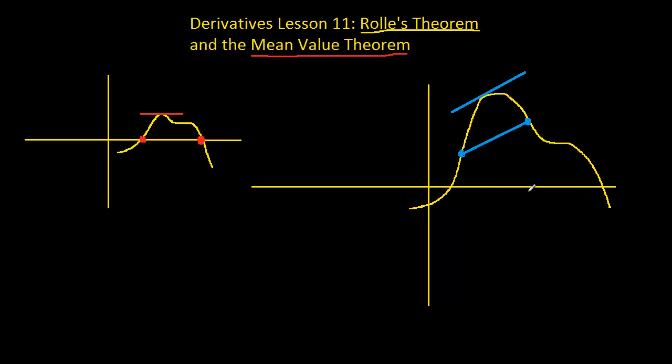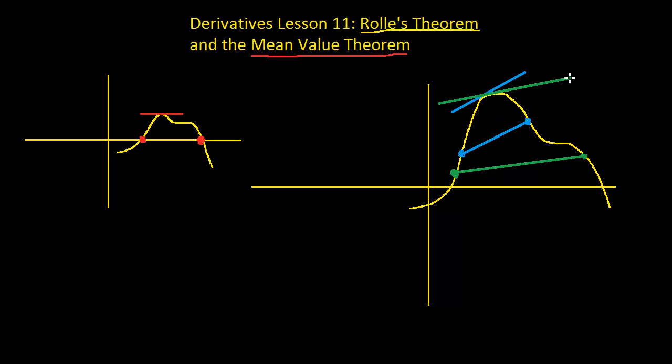And so, say we want to pick another one. Let's do green. If we take this point and this point, let's draw the secant, then we can look along here and find a tangent line where it has the same slope.